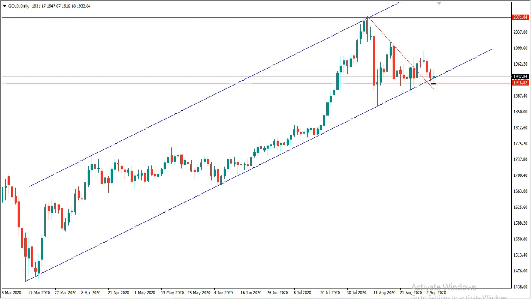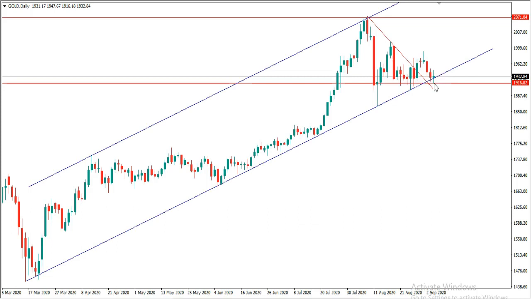So as long as this area is holding firmly as support, I would expect to see a rise in the price of gold to $2071 over the next couple of days or weeks or months, as the case may be.